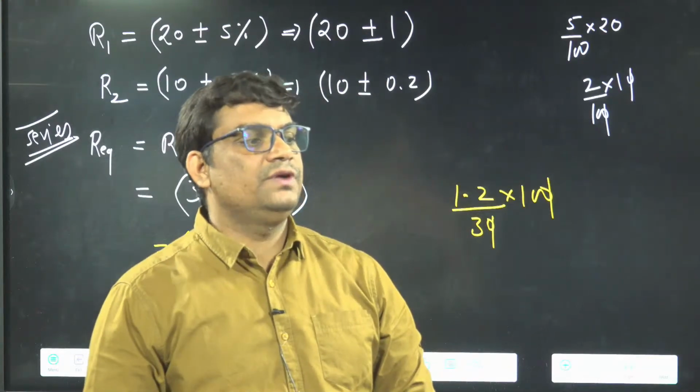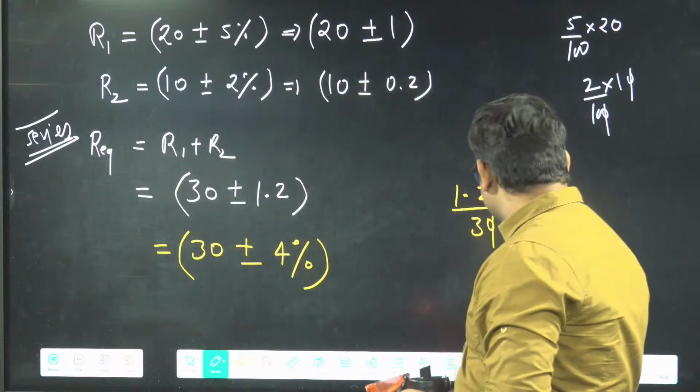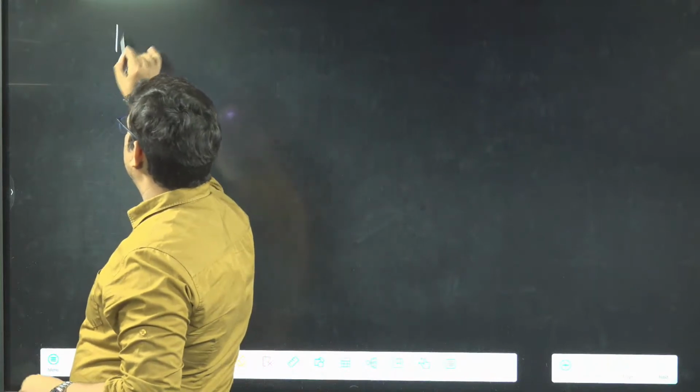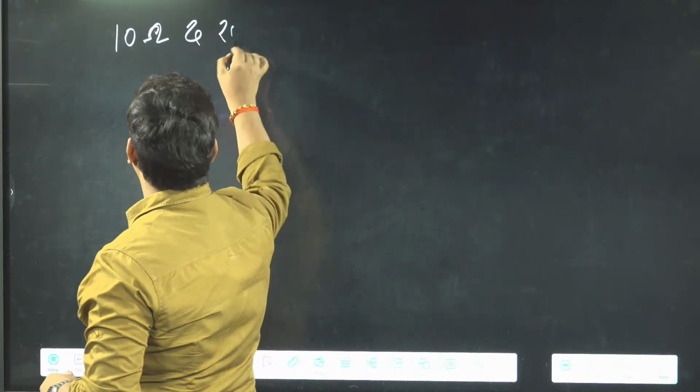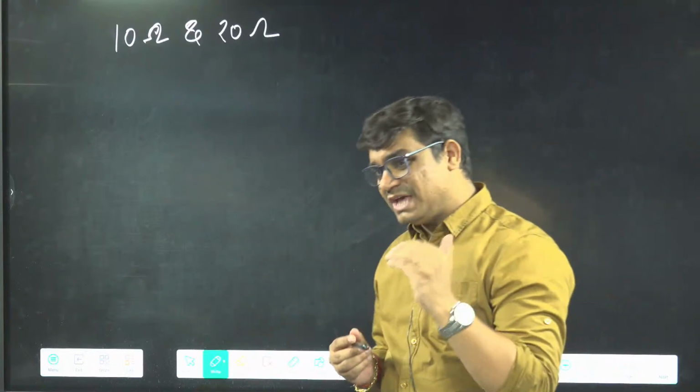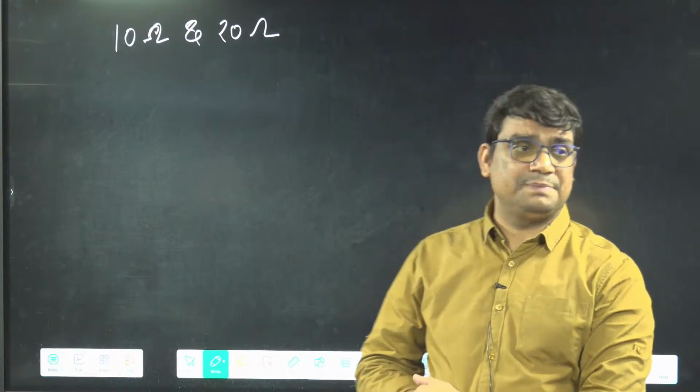Find the tolerance in the equivalent resistance of two resistances, 10 ohm and 20 ohm, each having a tolerance of 10%.